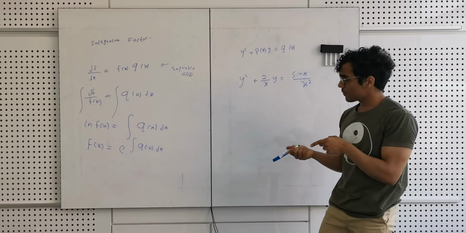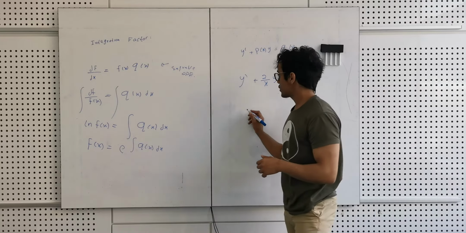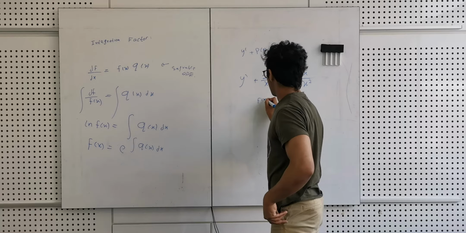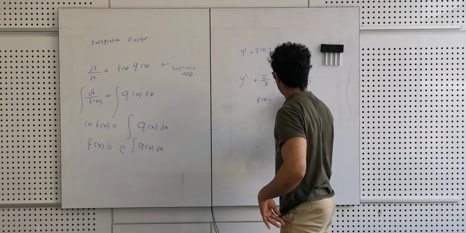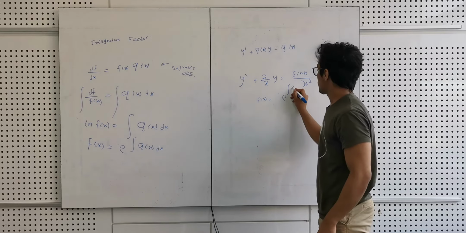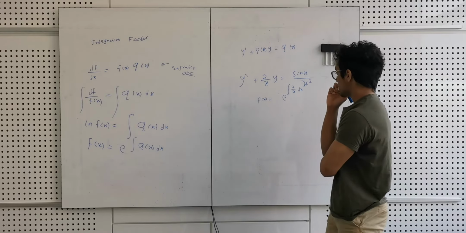From this we know which function we want to introduce. We can introduce the function f of x, which is going to be e to the power of the integral of 2 divided by x dx.